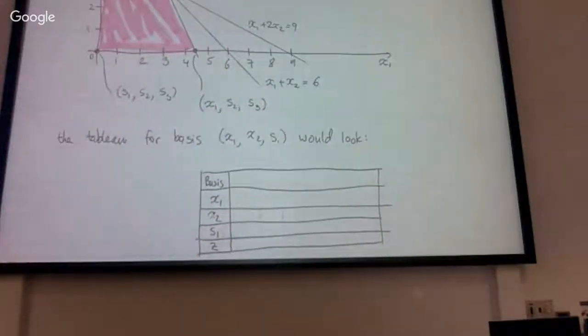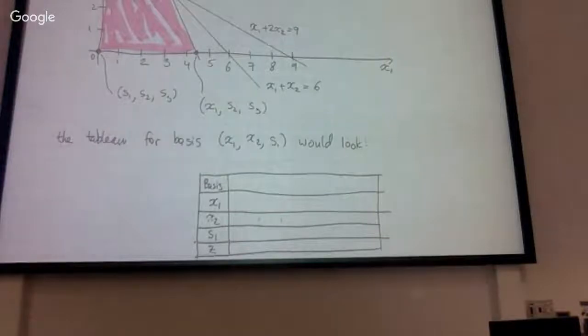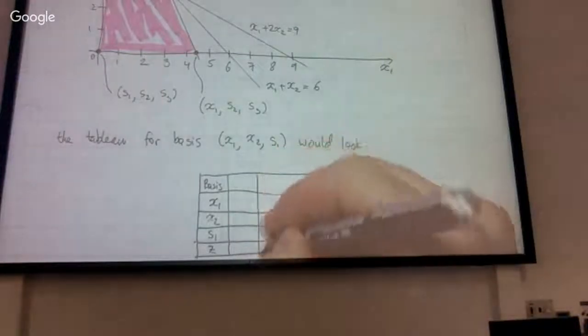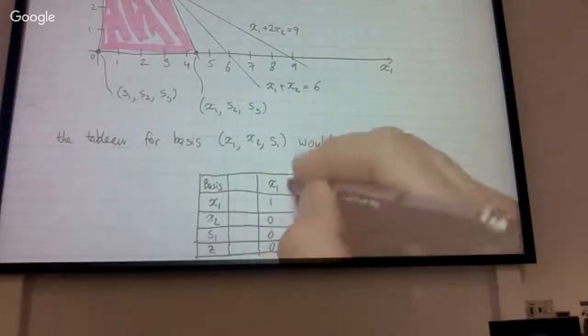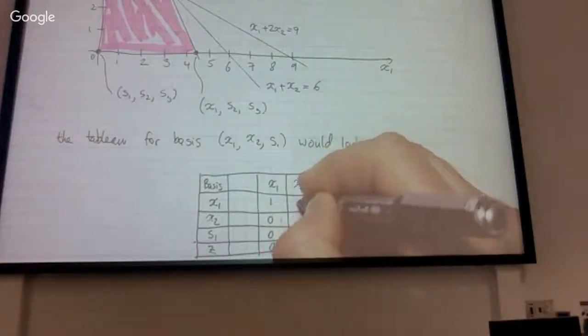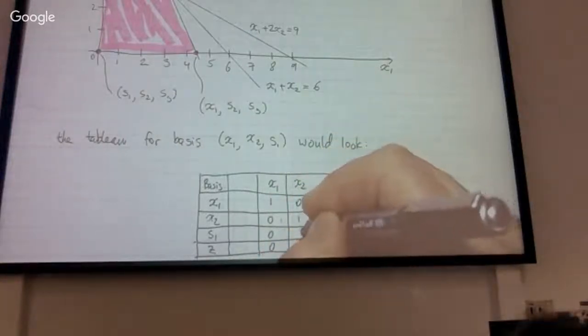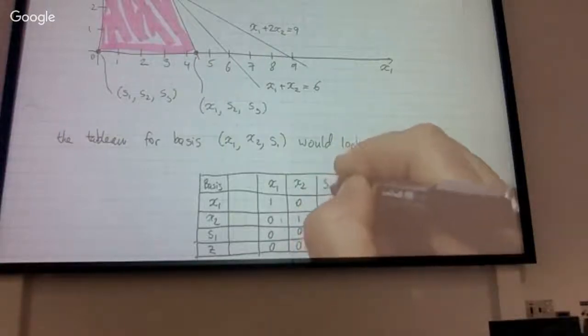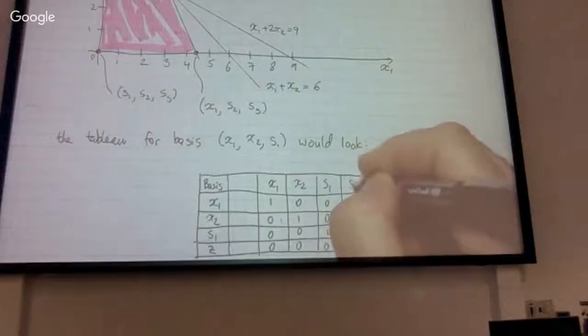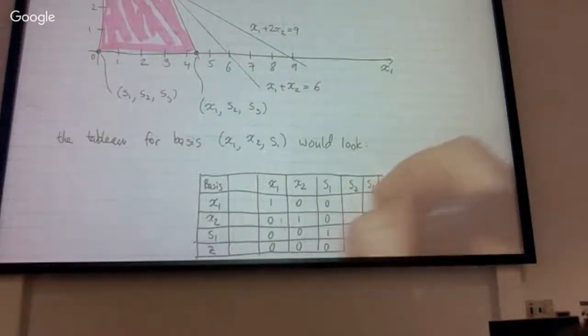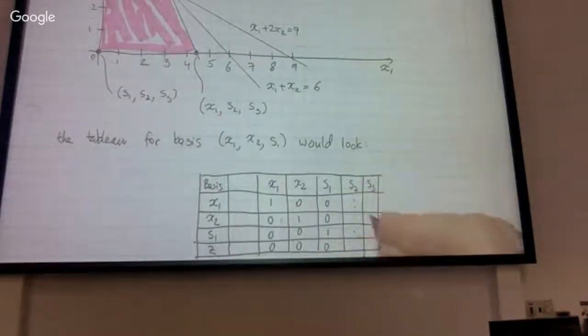Where it says x1, then obviously you'd have 1, 0, 0. Where it says x2, you'd have 0, 1, 0, 0. Where it says s1, you know what that is. Where it says s2 and s3, we don't really care.